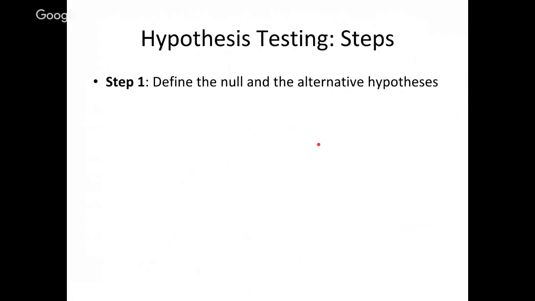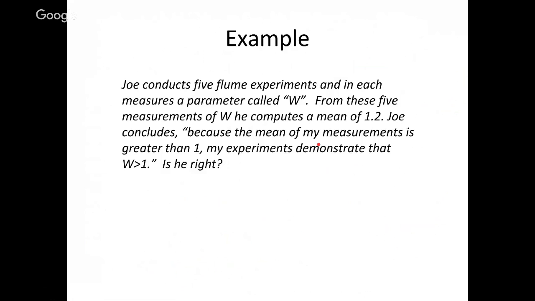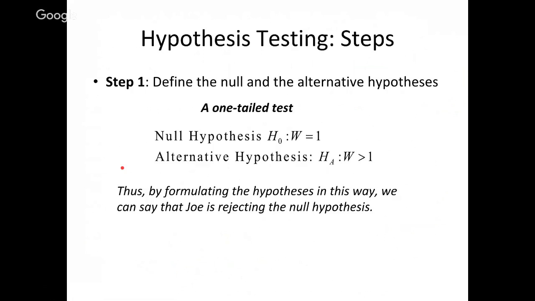And if you look back at his statement, he's rejecting that null hypothesis by saying that W is greater than 1. The alternative hypothesis would be that W is greater than 1. So we would reject the null hypothesis if we had evidence that W was greater than 1.